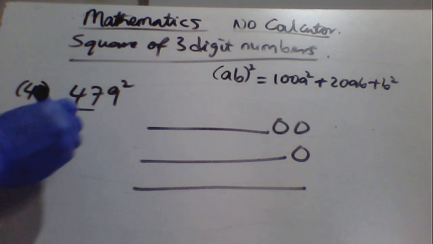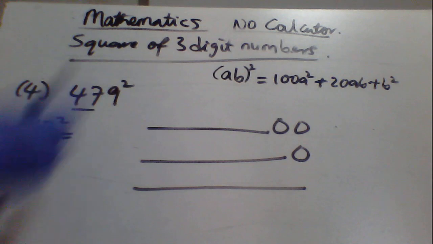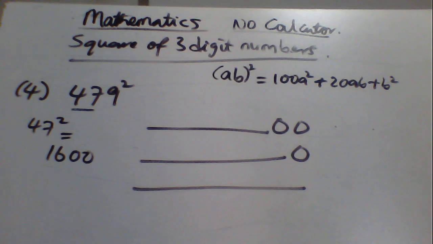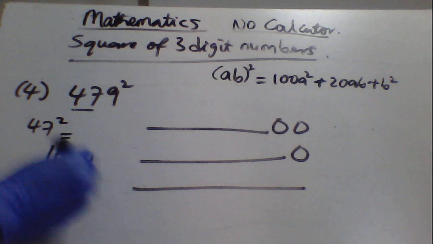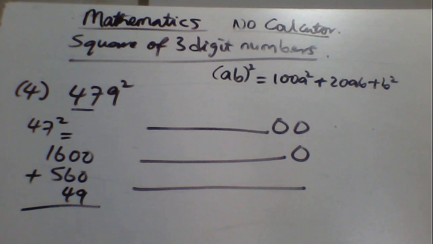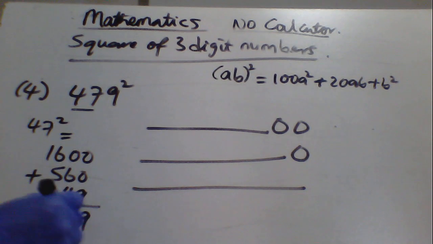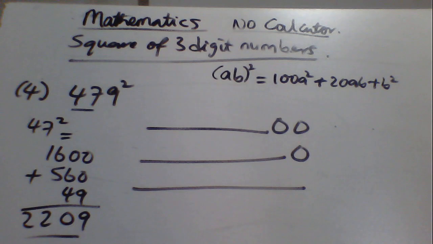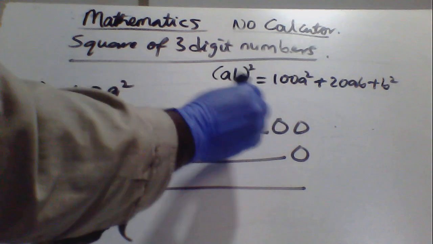Square the first one times 100 will give us 1600. 4 times 7 will give us what? 28 times 20 will give us 560. Square the last one will give us 49. Sum. This gives us 2209. Then you write it here, 2, 2, 0, 9.